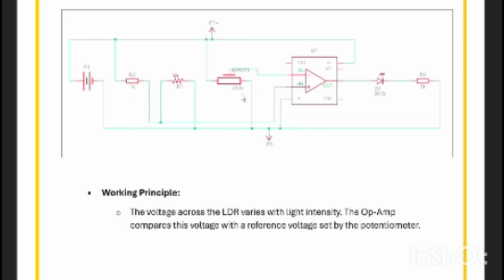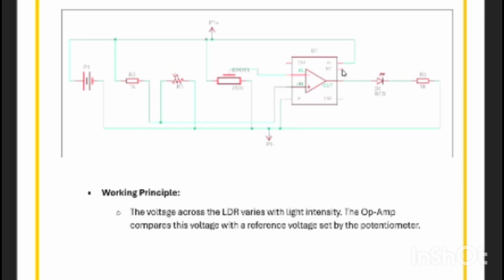Secondly, this is the potentiometer, which is acting as the variable resistor, and this is the power supply, this is the ground connection, and all these connections go to the inverting terminal and the non-inverting terminal of the op-amp 741.